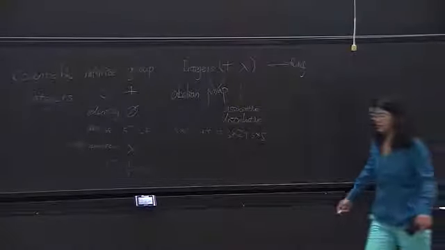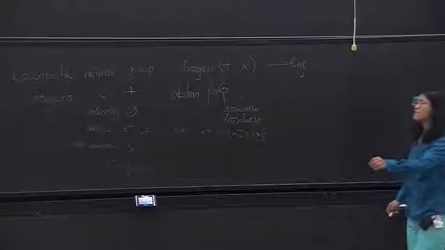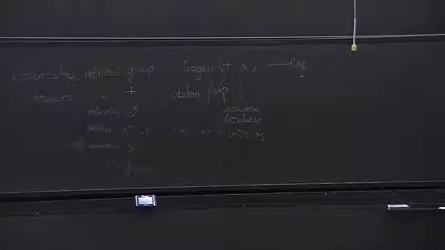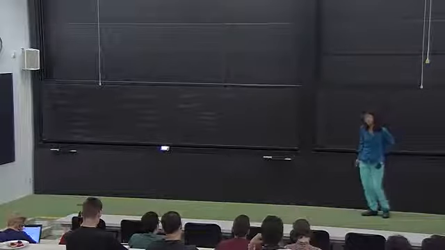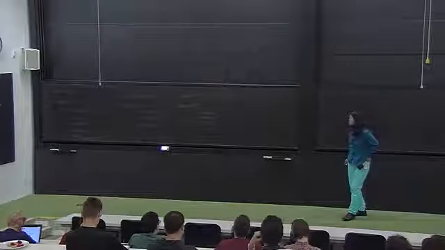So if you ever read things as this thing over some field, then that's what they meant. Okay, so that is everything I want to say before we move on to the continuous parameters, which is the Lie group.